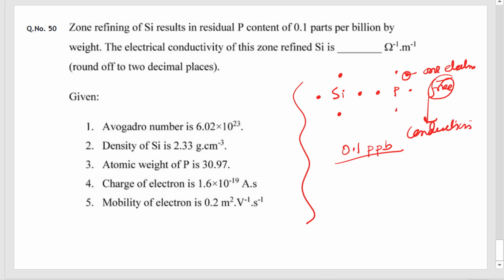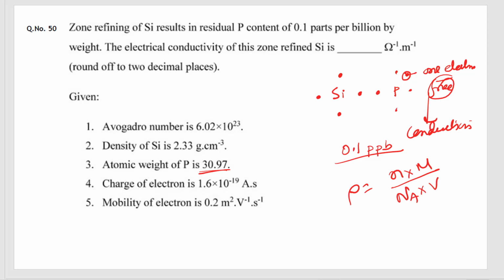And here, guys, we know that density is nothing but number of atoms times molecular weight divided by Avogadro number times volume, right? So from here we'll calculate N by V, that is rho into Na by molecular weight.